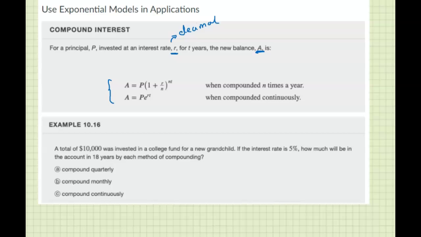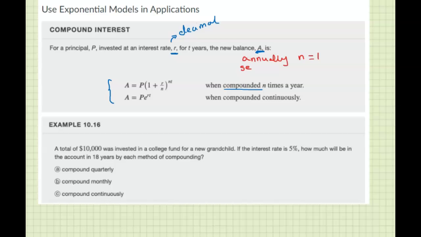So you have two options for equations. A equals P, parentheses, 1 plus R over N, to the NT. You use this when the interest is compounded N times a year. Compounded means how many times a year the interest is applied to my account. You can have annually, so it's applied at the end of each year, so N is 1.